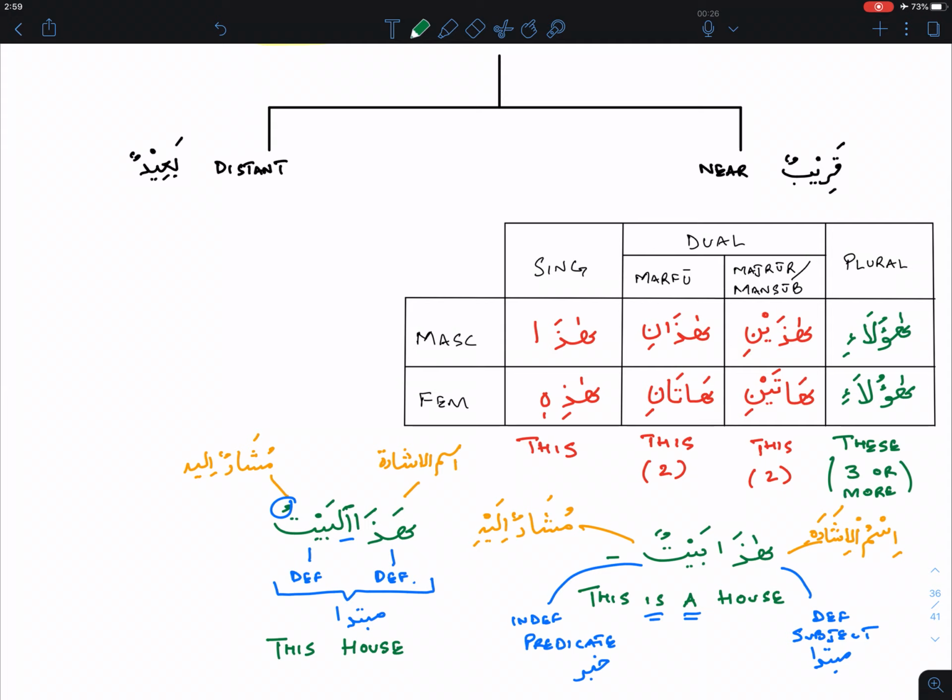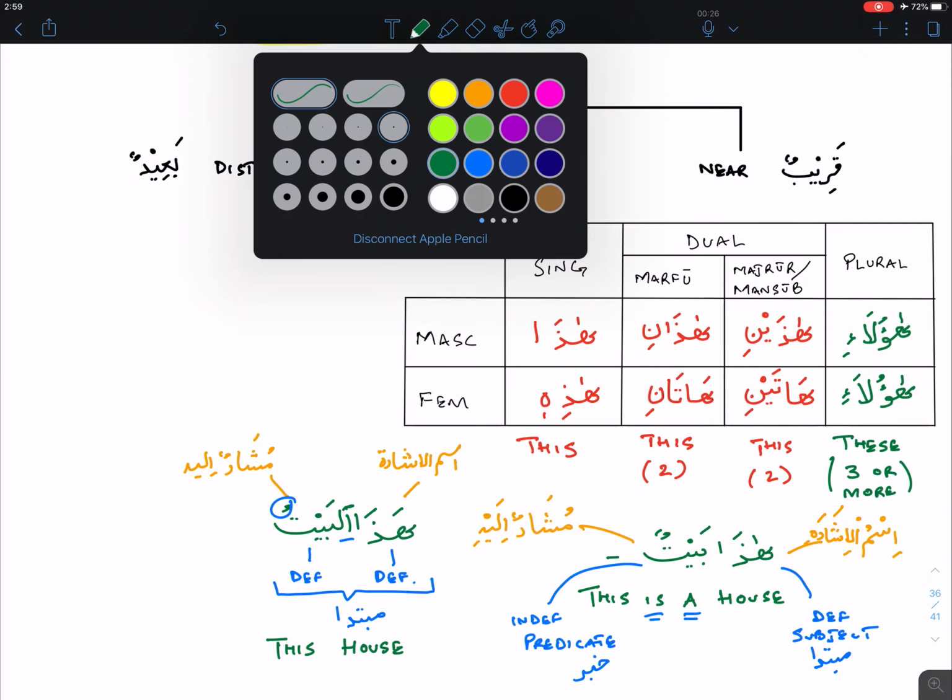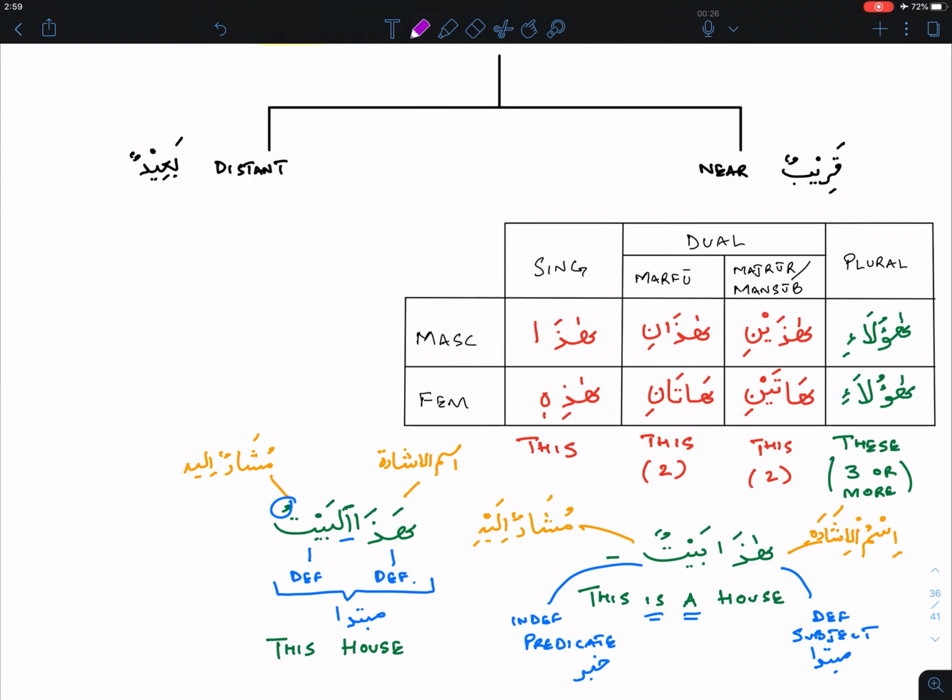So understand the difference. One is mubtada khabar construction, the other one is just serving as mubtada, and then it'll have its own khabar coming after it. Here is the difference. Now if you were to add a khabar, all you would do here is you would just say hadal baytu, and I'm just adding that because it's missing a khabar, kabirun, which means big.